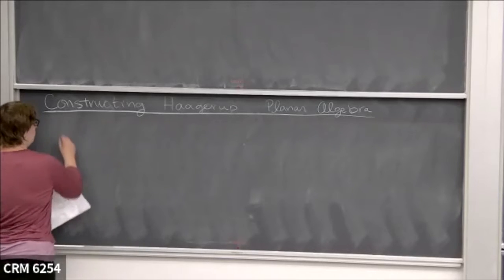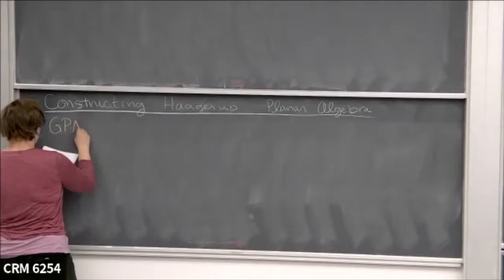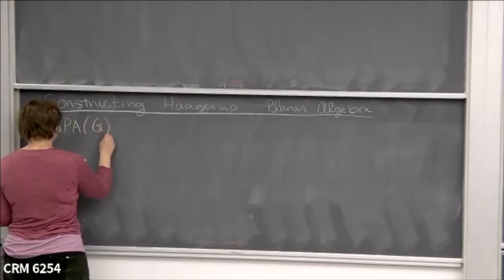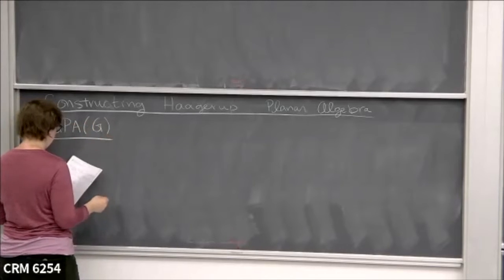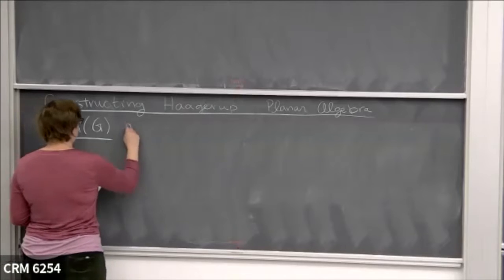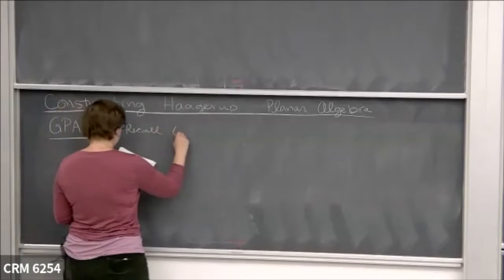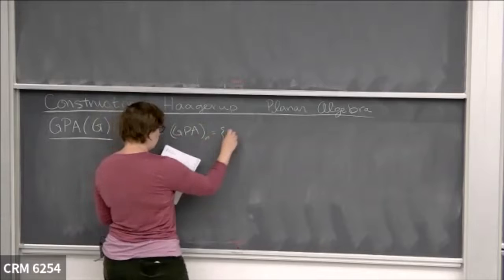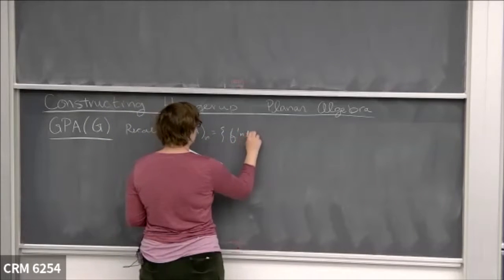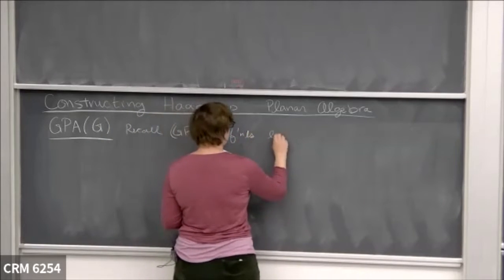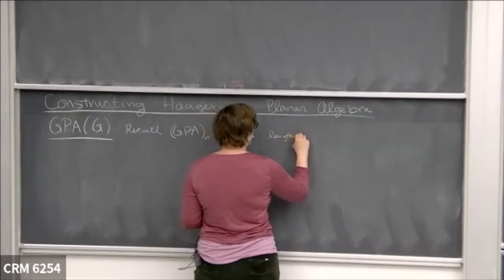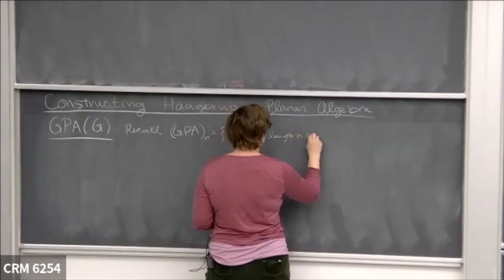Okay, so the graph planar algebra of a graph G. Remember that the vector spaces are made up of functionals from length n loops on our graph.